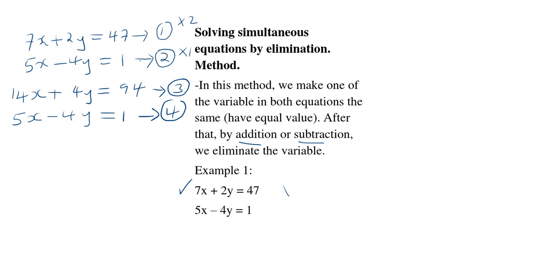For instance, if we add the two equations, equation 3 and 4, we shall have 4 which is positive plus minus 4. A plus and minus gives us a minus, so it is 4 minus 4 which is 0.